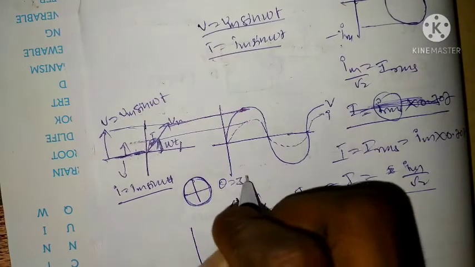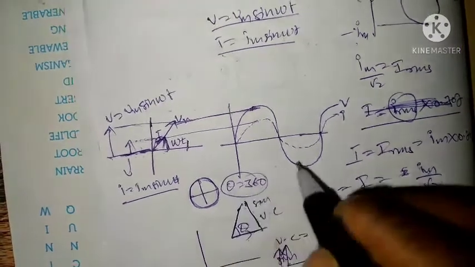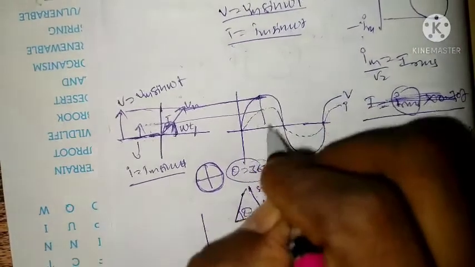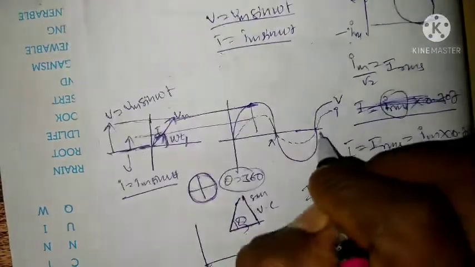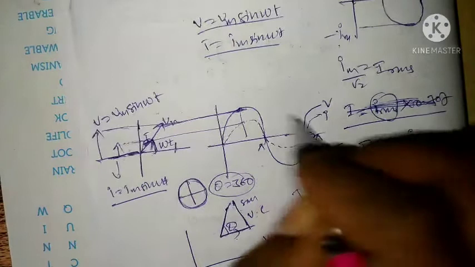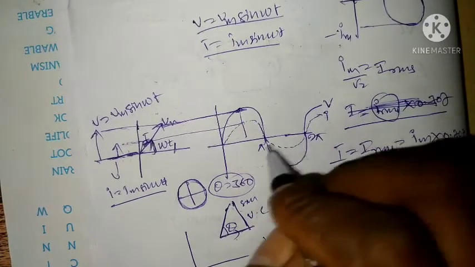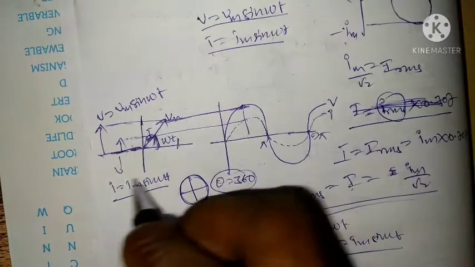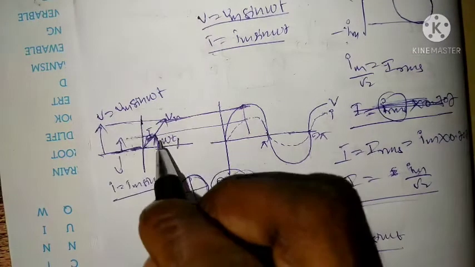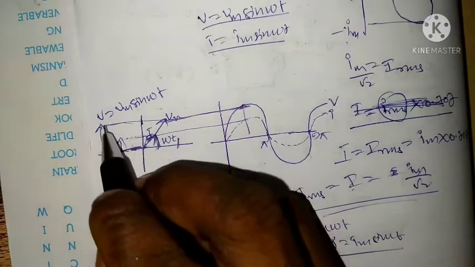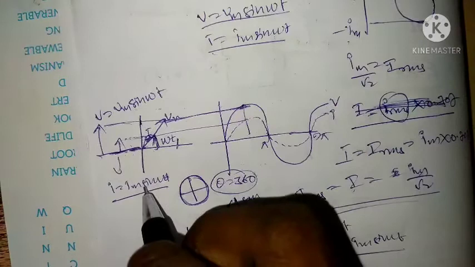Theta equal to 360 degrees is one rotation: 90 degrees, 180 degrees is pi, and 2 pi is one complete circle. What is the maximum current, and what is the voltage? That is the phasor diagram for the voltage and current relation.